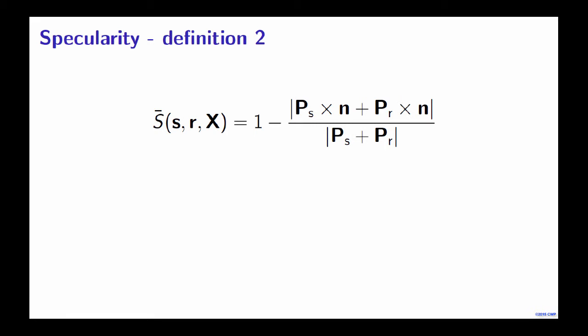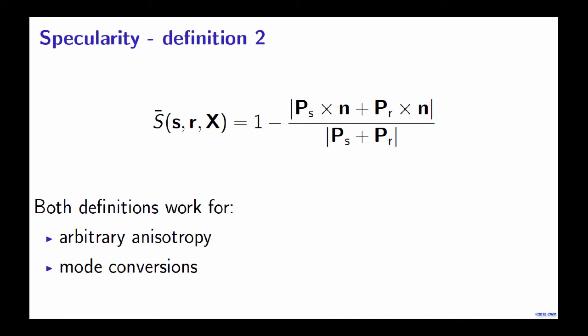So we see this is a very generalized formulation for describing specularity of an event, and we prove with this explanation that I just gave that it works for arbitrary anisotropy as well as mode converted, which originally was proposed just for pure mode reflections in isotropic media, but it turns out it has more insight into these equations.